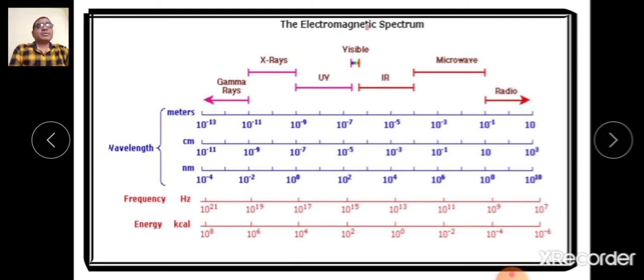Students, I have told you that we have seen the relation is inversely proportional to the lambda, that is, energy increases, wavelength decreases, and therefore if we look at the energy axis, as we go on the left hand side, the energy is going on increasing while wavelength is going on decreasing.